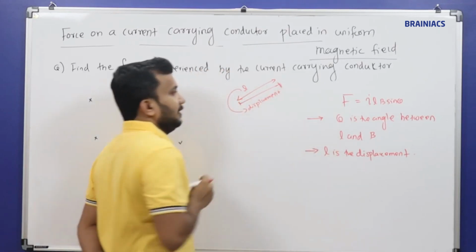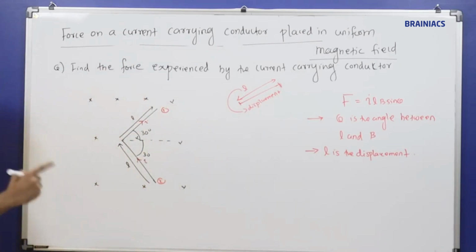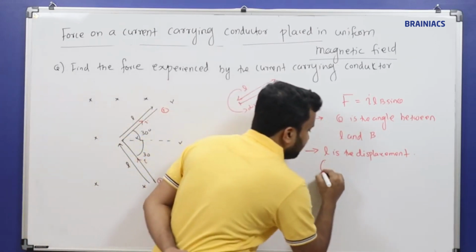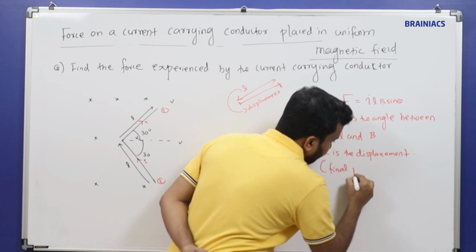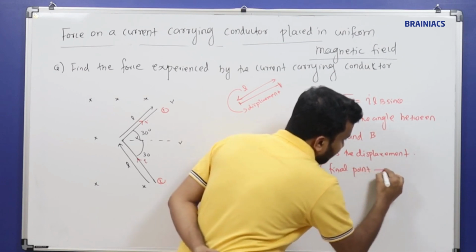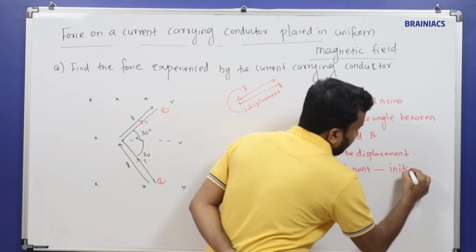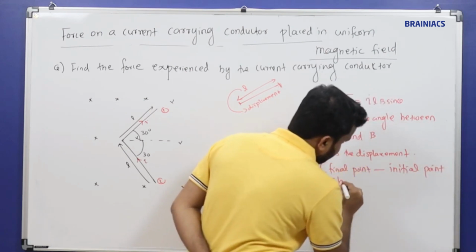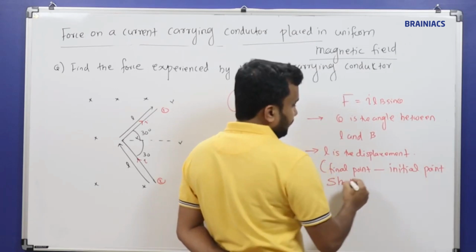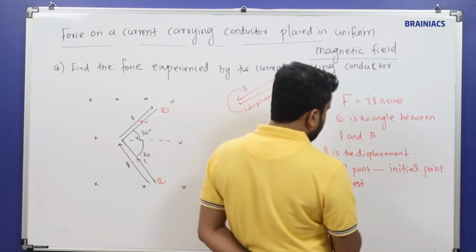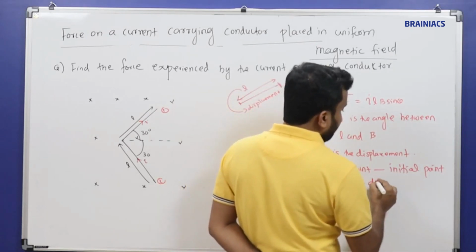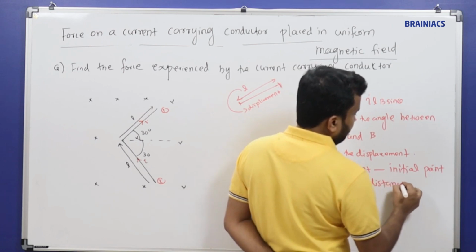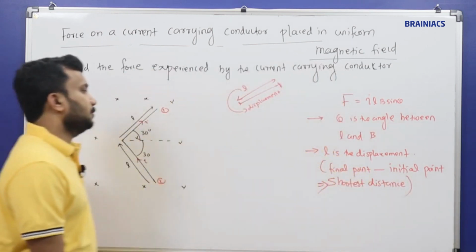But if you have two conductors, then it is the final point minus the initial point, the shortest distance. Final point minus initial point, the shortest distance, is called the displacement.